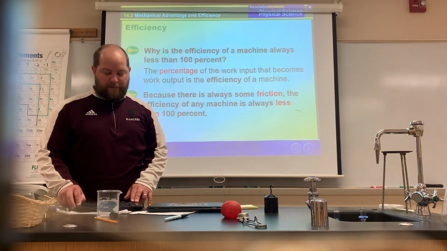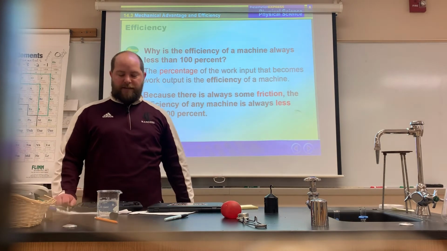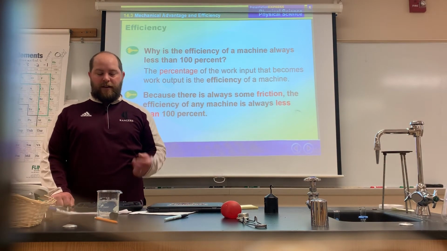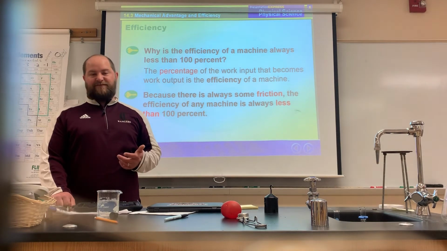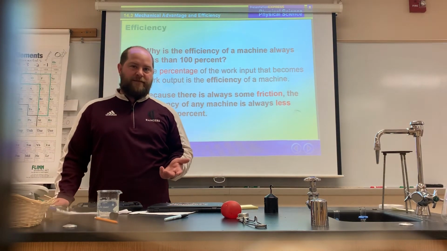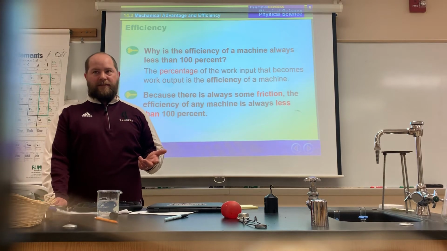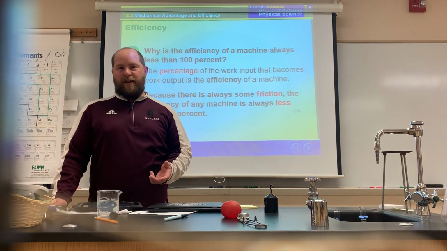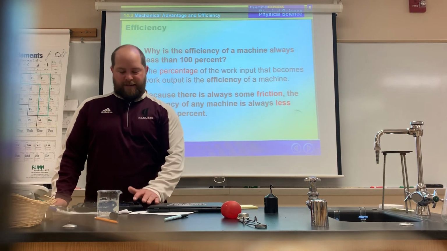Linda Burke. So the last thing we're going to talk about is efficiency. The efficiency of a machine is always less than 100%. And you might be asking yourself, why is it always less than 100%? Some of you are probably saying it's because there's friction. And you're right.